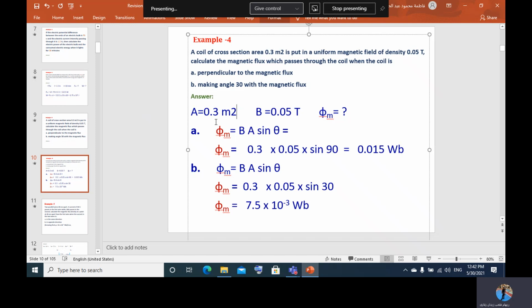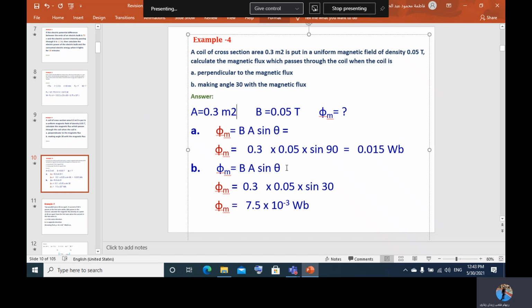We know that phi sub m, the magnetic flux, equals BA sine theta. This is the rule. We just put it: phi sub m equals BA sine theta, with the values 0.3 and 0.05, and he said perpendicular. Now, the word perpendicular means that theta is 90. So I will just write sine 90.